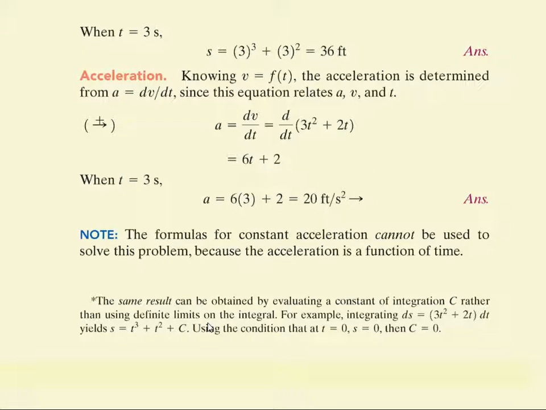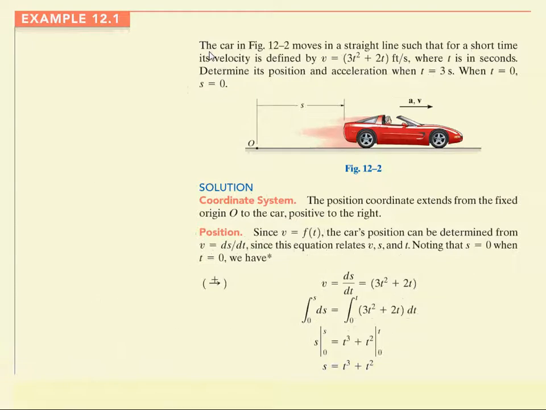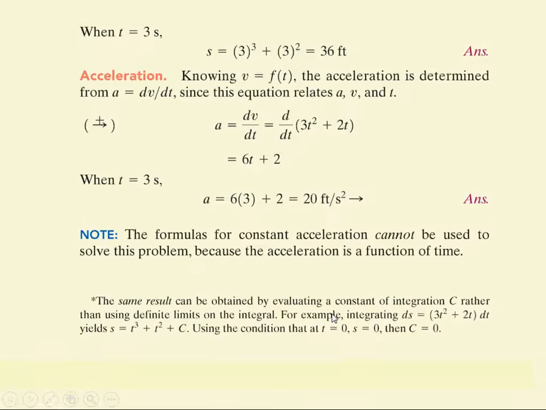When t is equal to 3 seconds, you can replace it in the equation of s, t cubed plus t squared. If we replace that, we get 36 feet where it is.